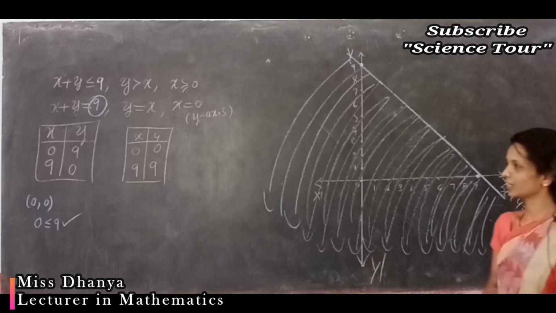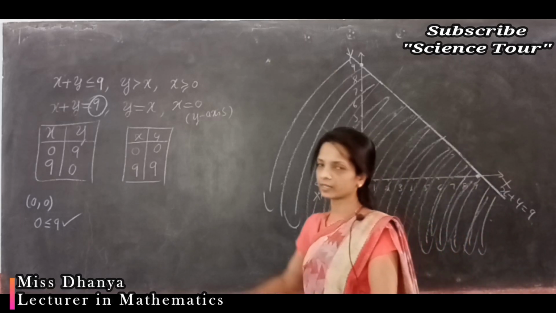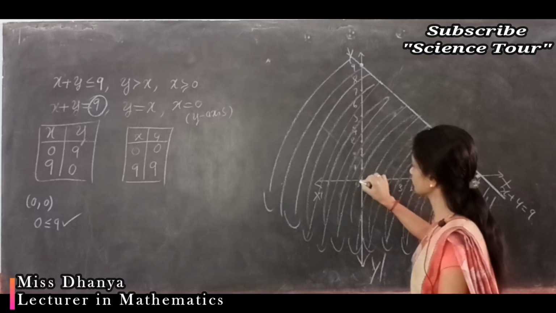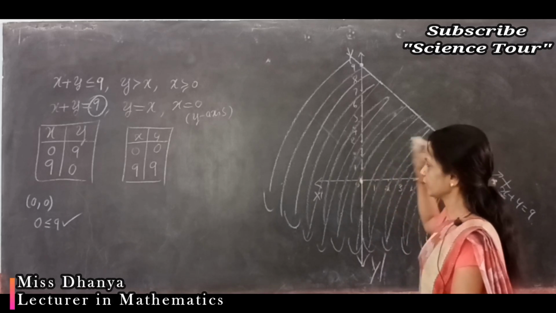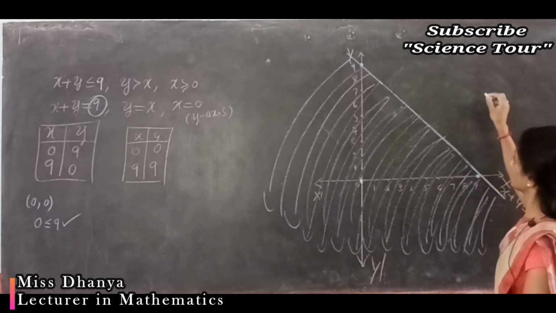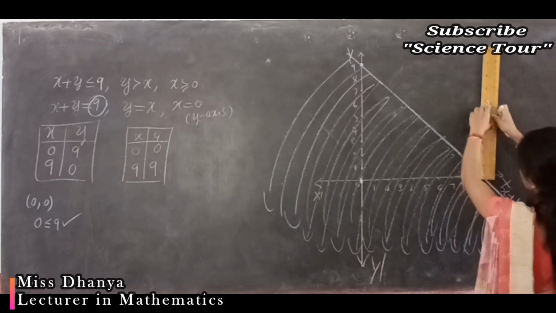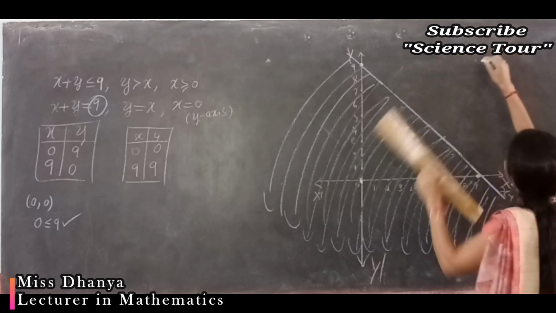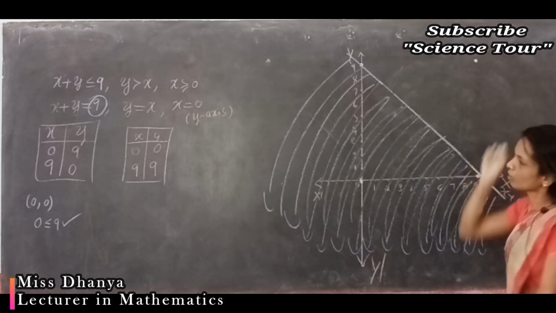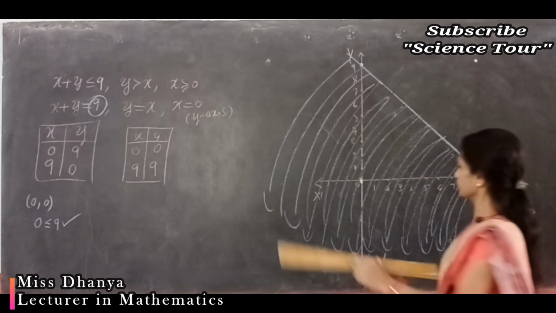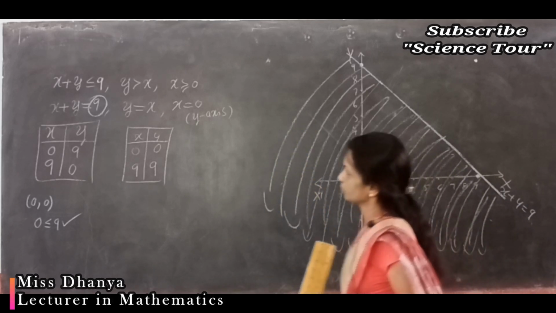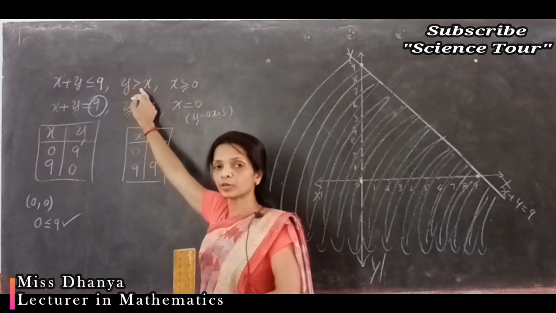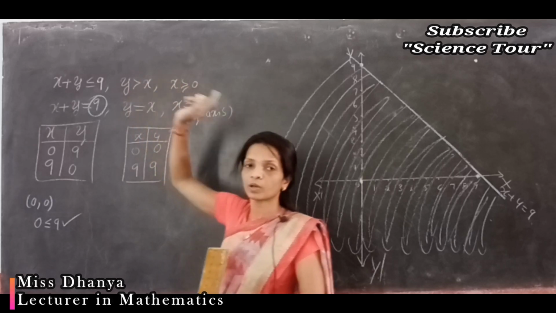Next, the second table points you have to mark are (0, 0), that is here at the origin, and (9, 9). At 9 you have to move up to 9. That is here. After that you have to join those two points using which line now? Be careful while joining two points. Before joining two points you have to see the inequality symbol.